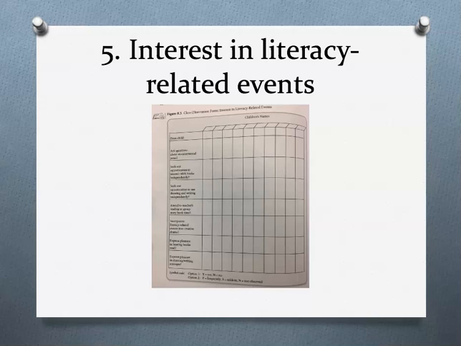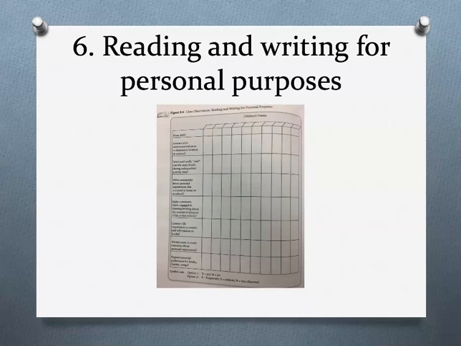Again, you would jot the date on top in the top row, and then down the columns you would mark with a yes or no, or if you're using the frequency scale, you would mark how frequently you've seen or observed the child engage in these activities or in these skills.